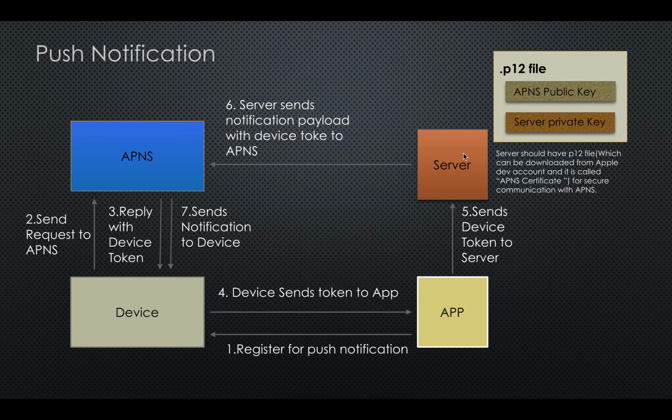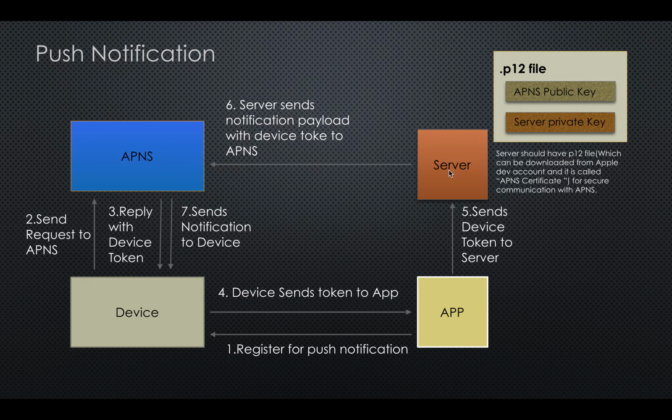You will send the push notification actually to the APNS server, and the push notification sent from your server would be in the form of payload. It's called payload. So server sends notification payload with device token to APNS. I'm so sorry, I had written toke. It should be token to APNS server.